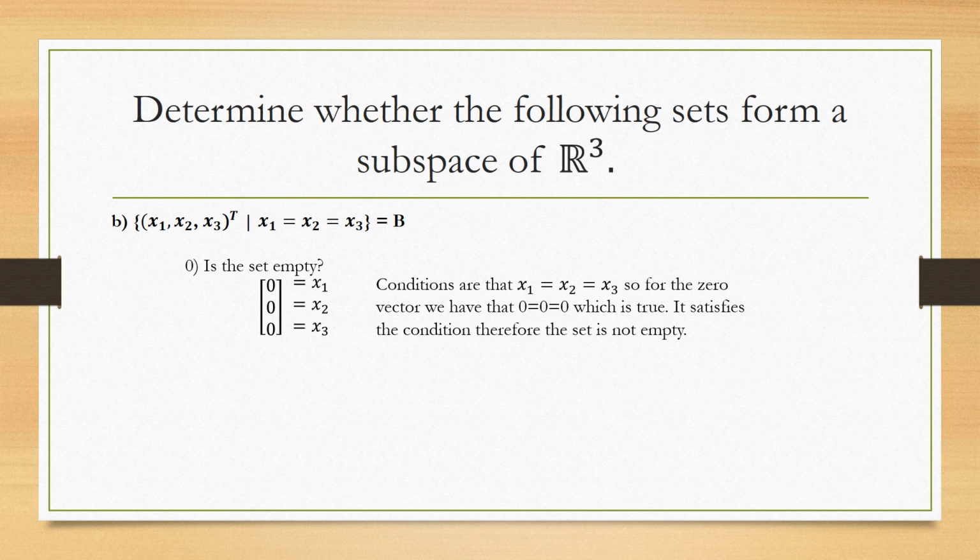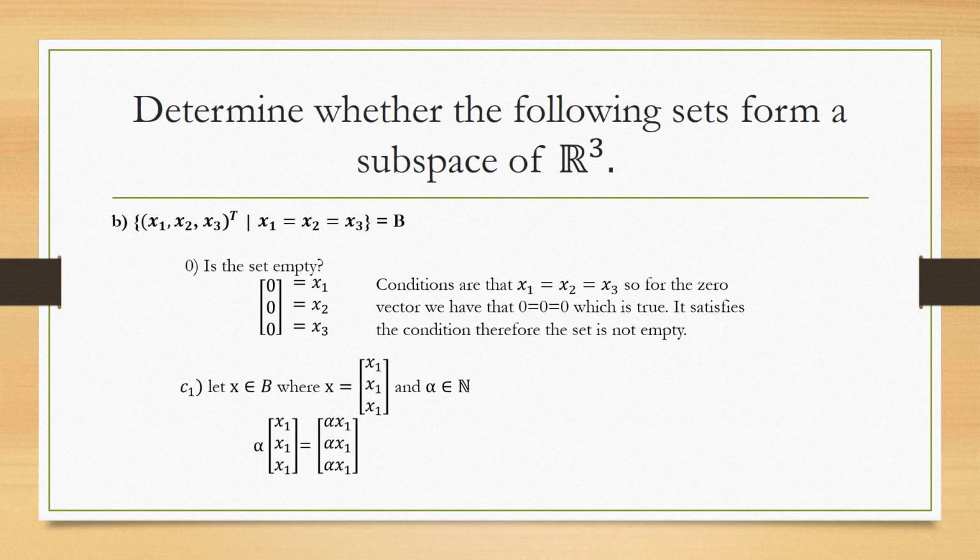The conditions are that x1 equals x2 equals x3. So for the zero vector, we have that 0 equals 0 equals 0, which is true. It satisfies the condition, therefore the set is not empty. So now we go to the next condition, the closure condition of scalar multiplication. We write that x is in B, where x equals (x1, x1, x1), and alpha is a scalar.